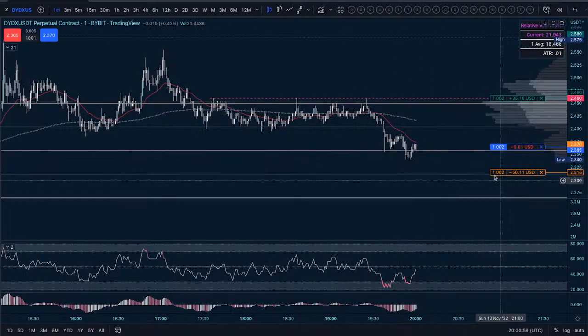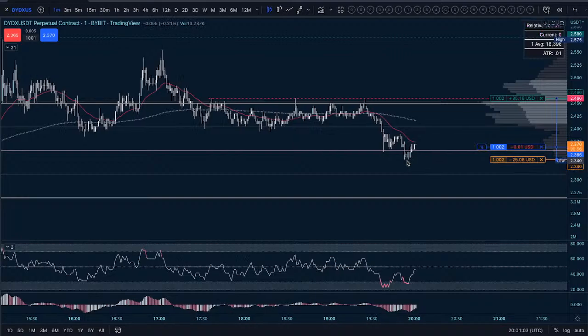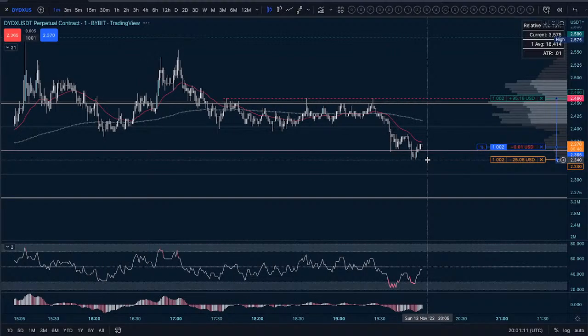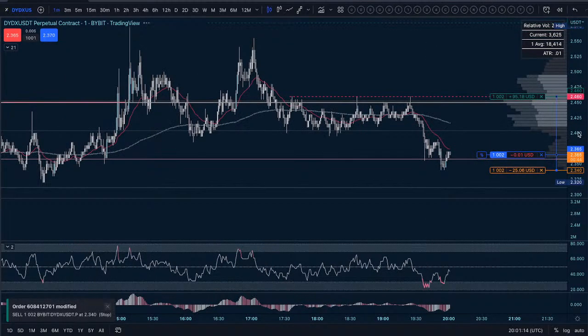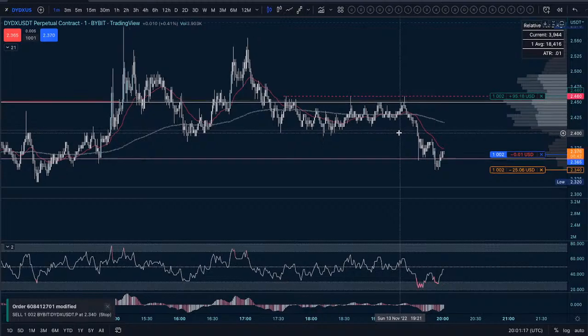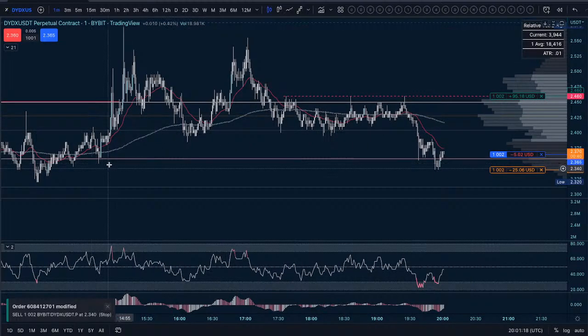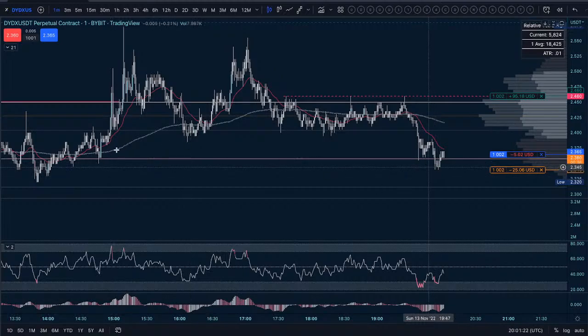I'll just keep the stop very tight for now because there's nowhere else for me to put the stop right now. These are all liquidity zones. This guy is taken out, so we have a better chance here. But these are liquidity zones anyways. I don't want to be caught in here.